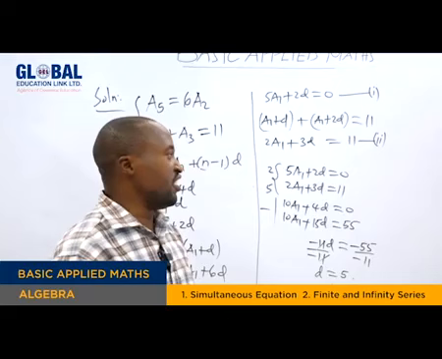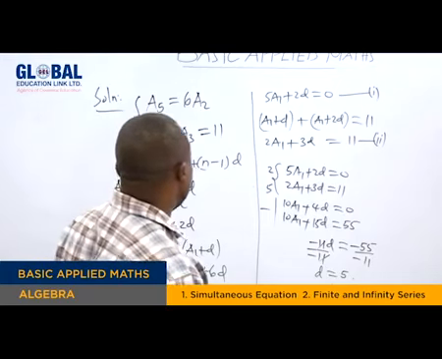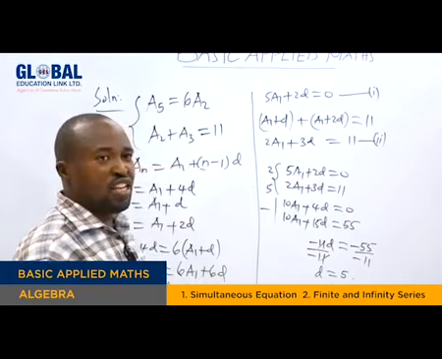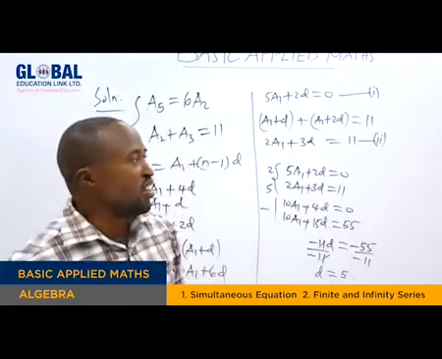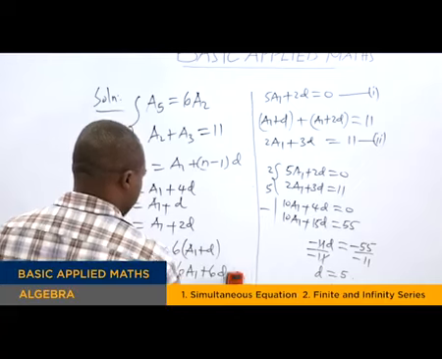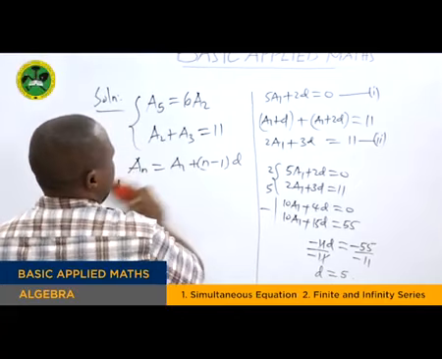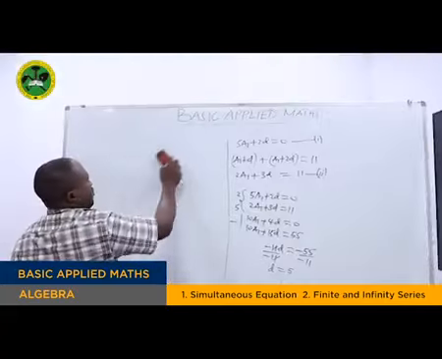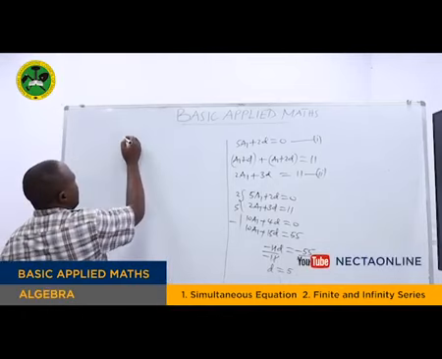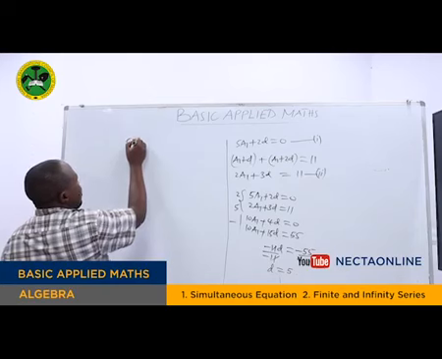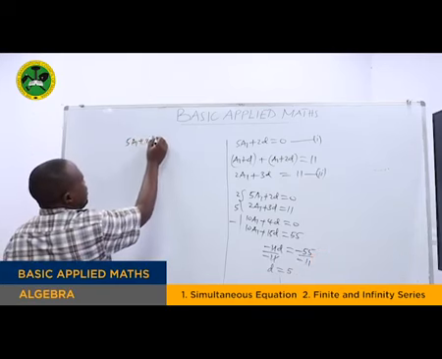So we have the common difference. Now, what about the first term? We just choose either equation 1 or equation 2. It's going to give you the first term. So let us use equation number 1, that is 5a1 plus 2d is equal to 0.